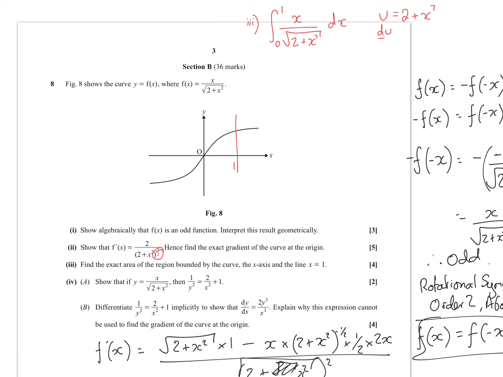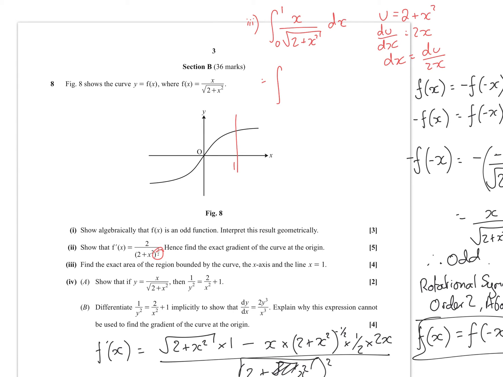So du by dx is 2x. So dx equals du over 2x. Now, this is a bit that we're bad at, and I blame myself. Changing limits. It is often easier to change the limits now than later.